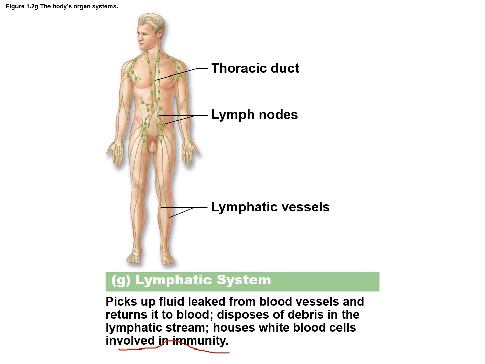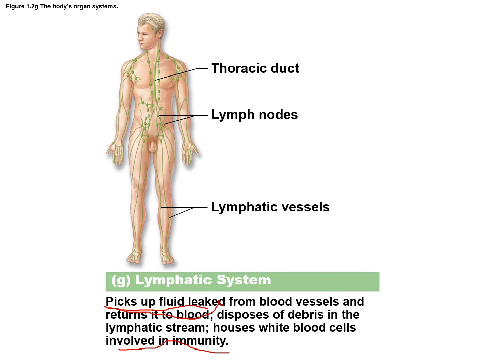But the main role of the lymphatic system is to pick up excess fluid and deliver it back to the blood, right? It also disposes of infectious debris like cancer cells or viruses or bacteria, and that will go through these lymphatic vessels, right?